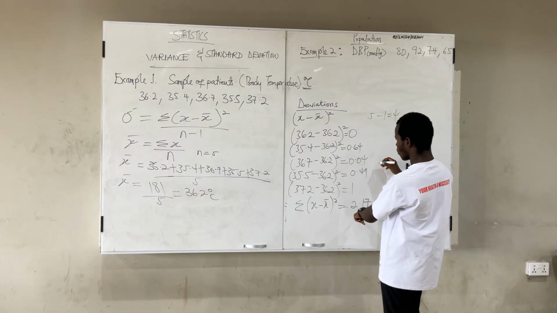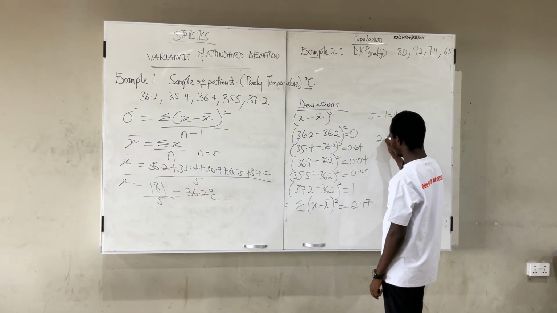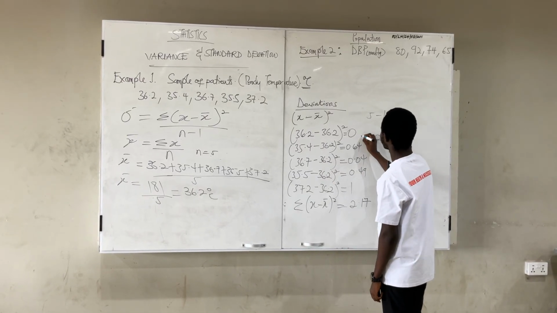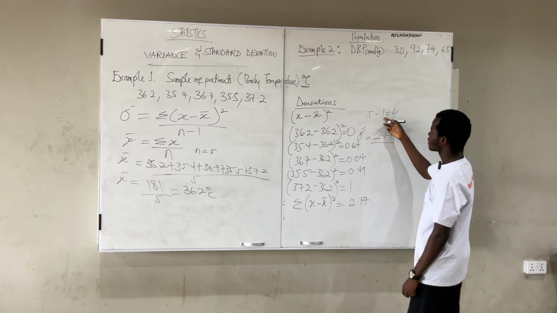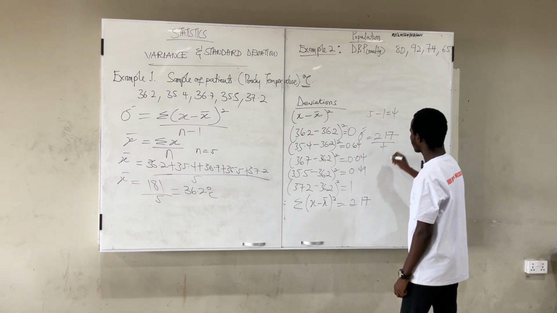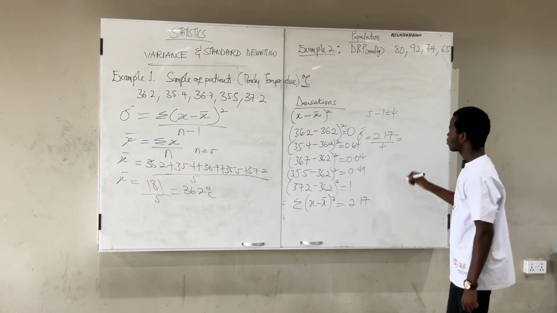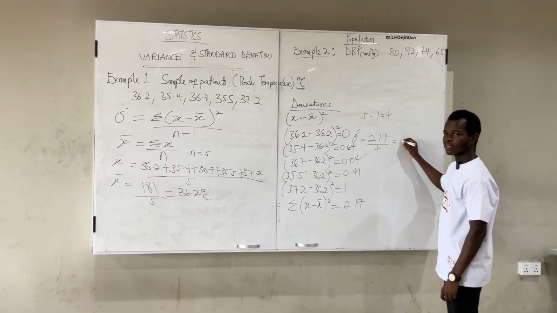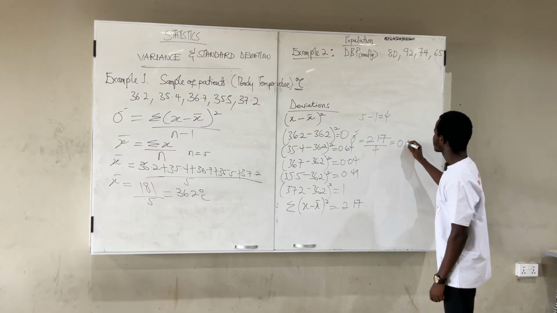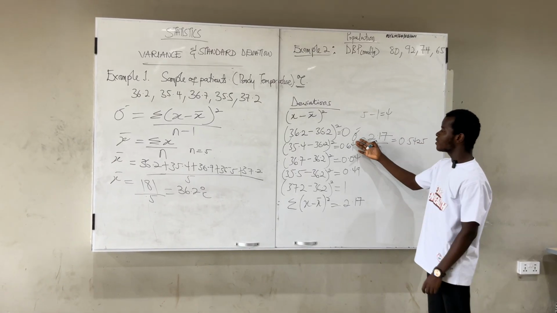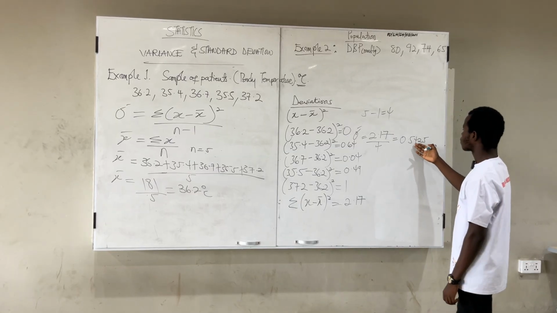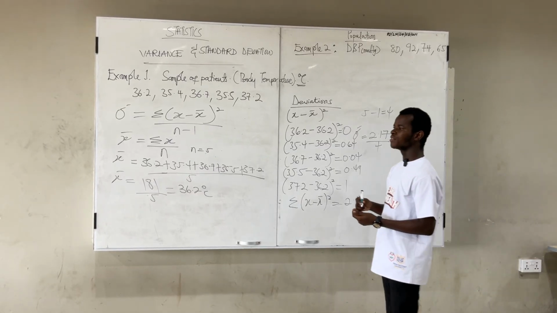The numerator, we have 2.17 divided by n minus 1, which is 4. So this one will give us 0.5425. So right now our variance is 0.5425.